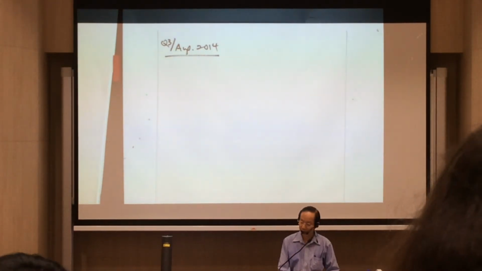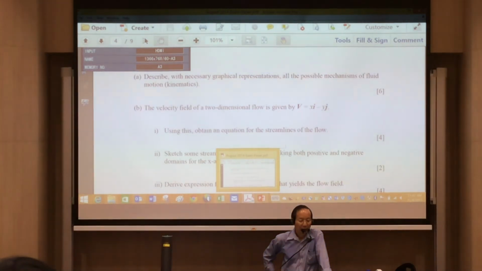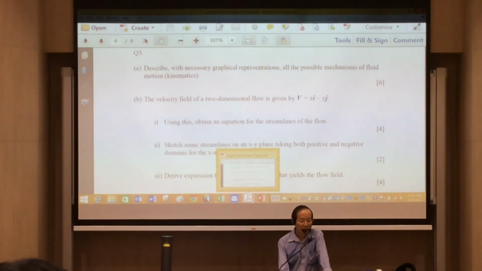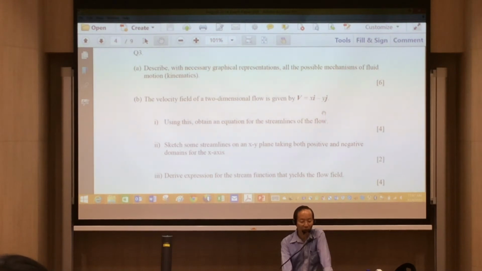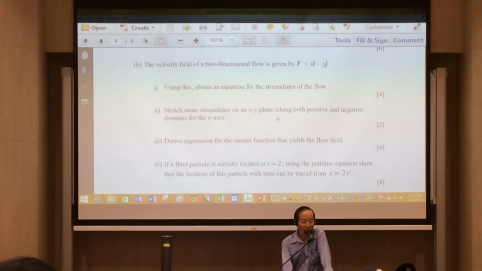That's part A. And B is the velocity field of a two-dimensional flow given by that vector equation, 2xi minus yj. Then there are 4 parts.